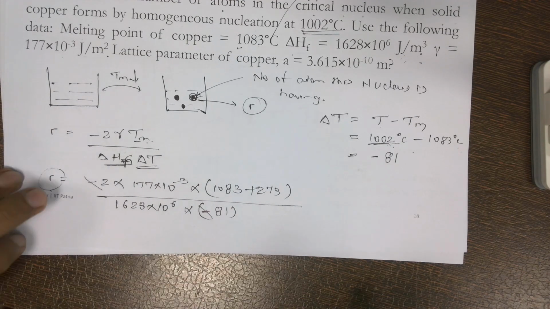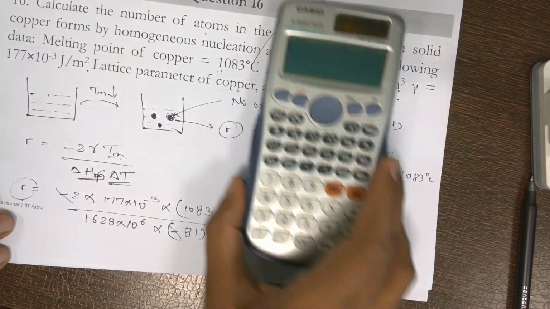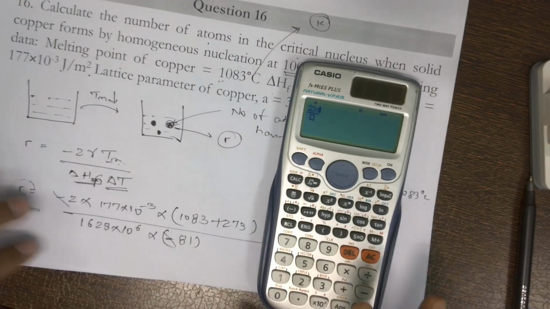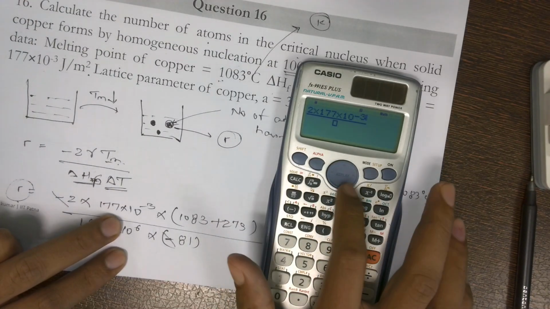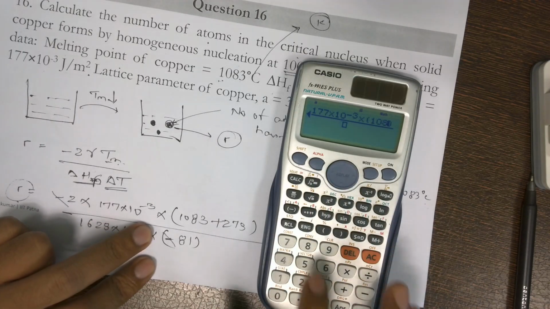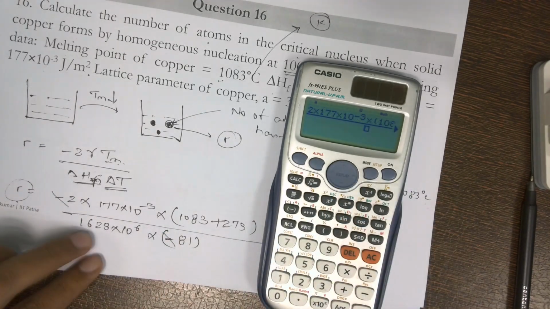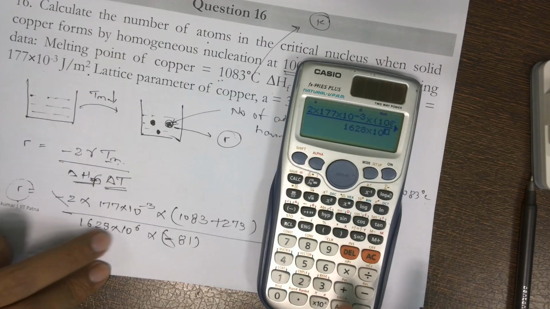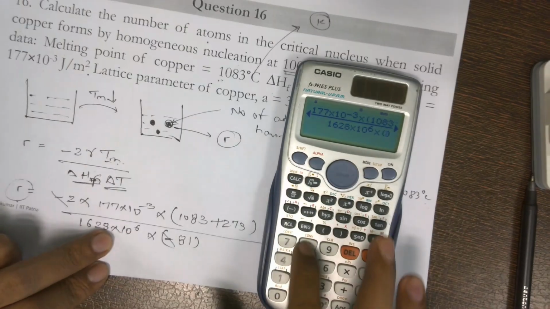We have to solve this. Let's do it quickly. I am a little bit more comfortable in this particular calculator. 2 multiplied by 177 multiplied by 10 to the power of minus 3, multiplied by 1083 plus 273, divided by 1628 multiplied by 10 to the power of 6, and again we will multiply them with the 81.